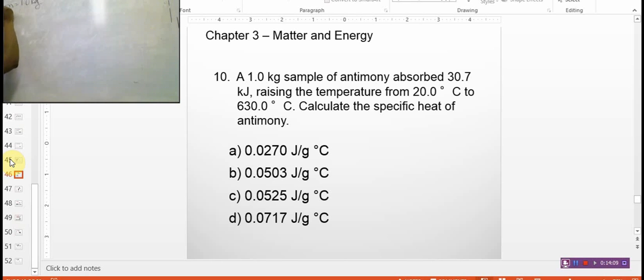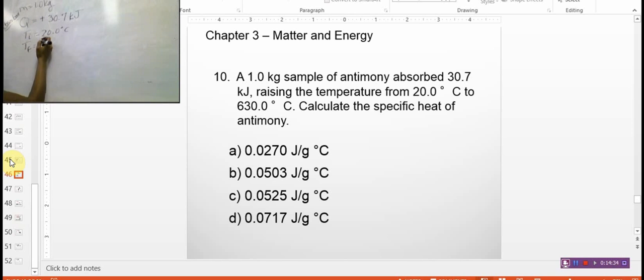If it's absorbing, then our Q must be positive, a positive 30.7 kilojoules, right? And T initial was 20.0 degrees Celsius, and T final is how much?